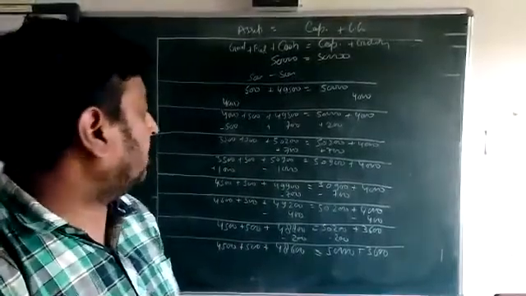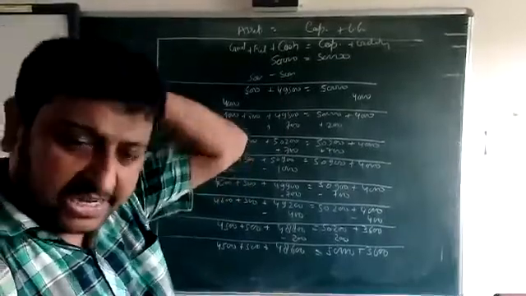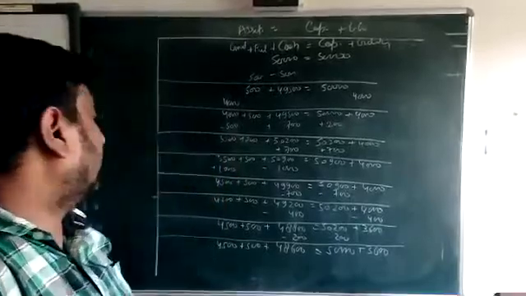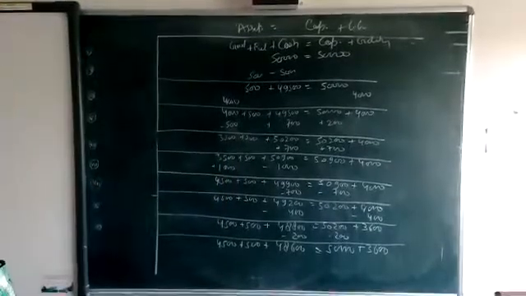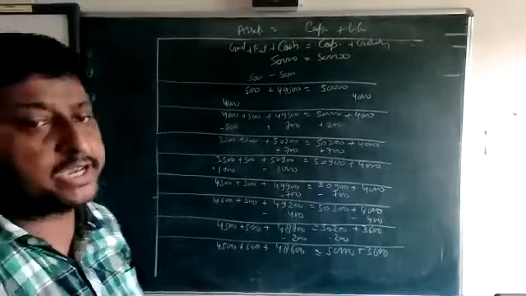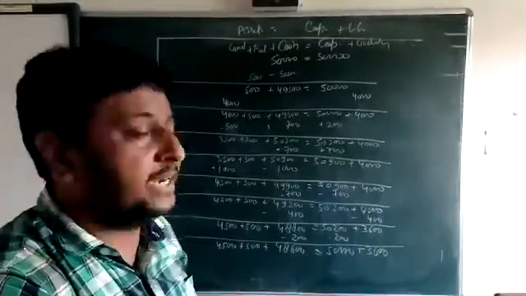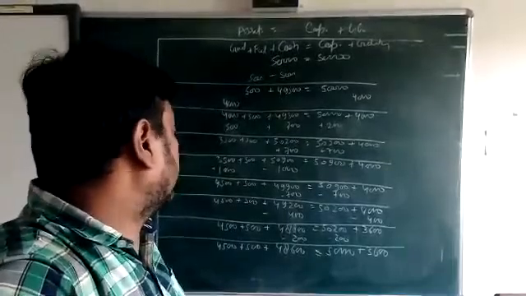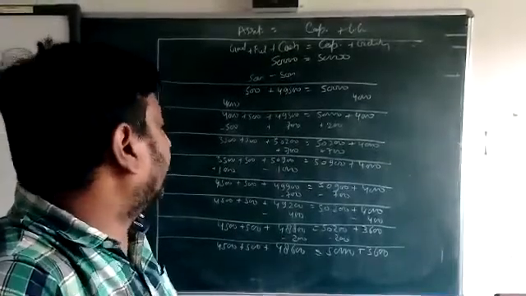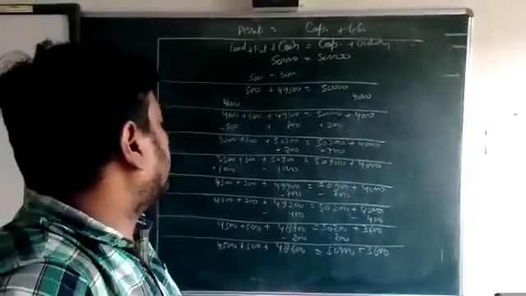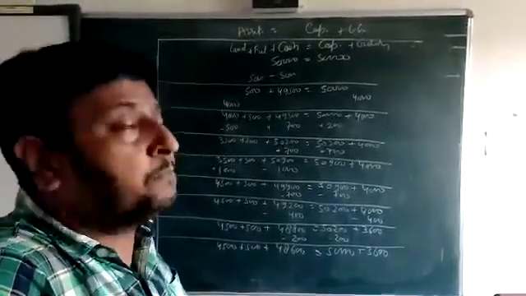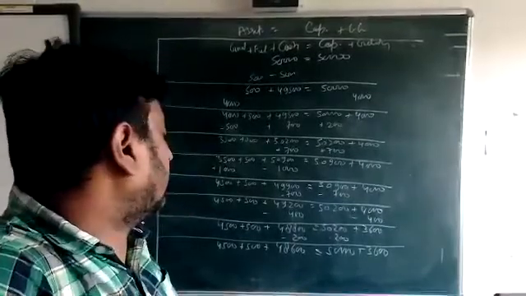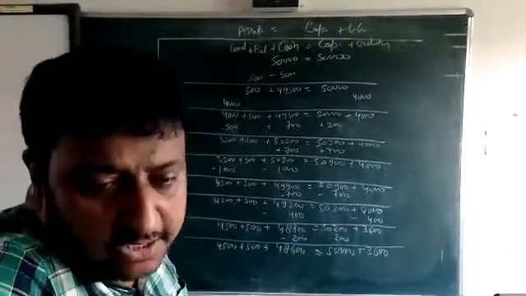Next 700 received as an income, that will add in cash and capital. Then 1,000 goods we are purchasing in cash, so add in goods and less from cash. Then 700 expense or rent less from cash and capital. 400 paid to the creditor less from cash and creditor. And last 200 as a salary less from cash and capital.